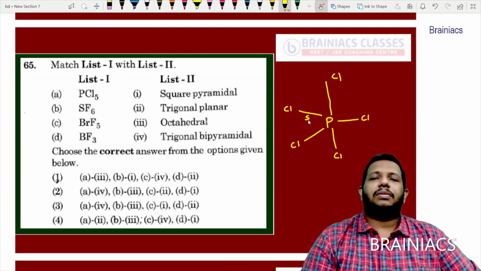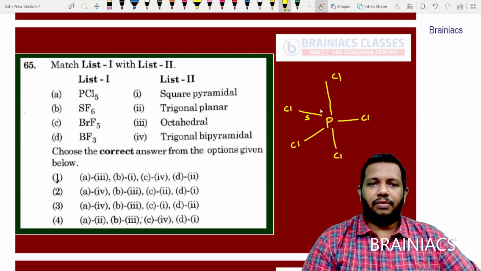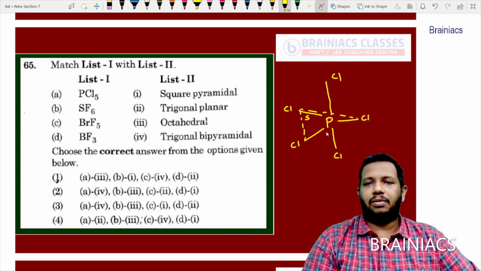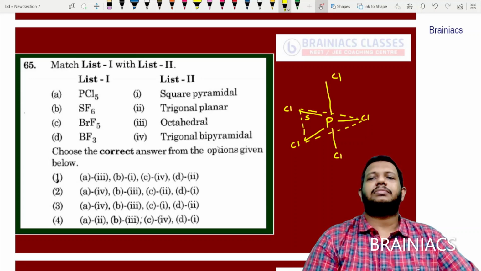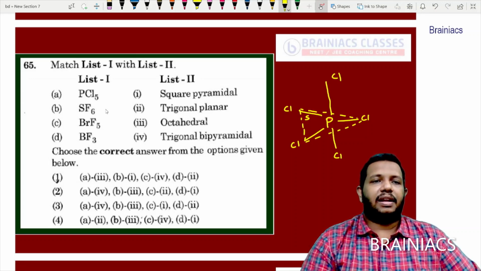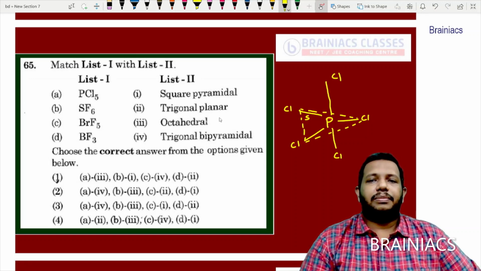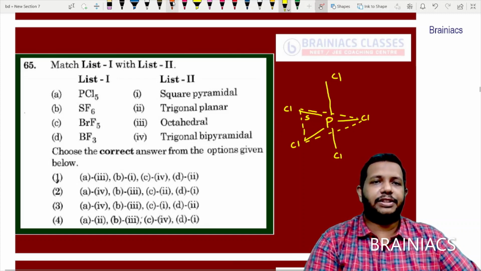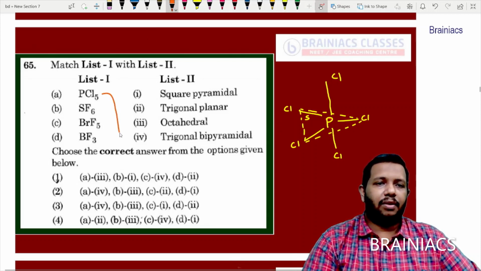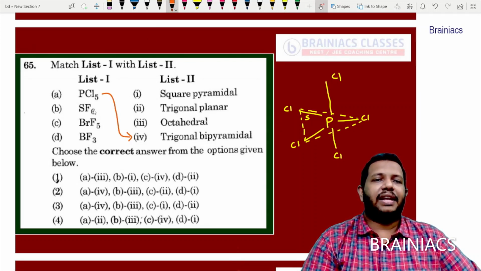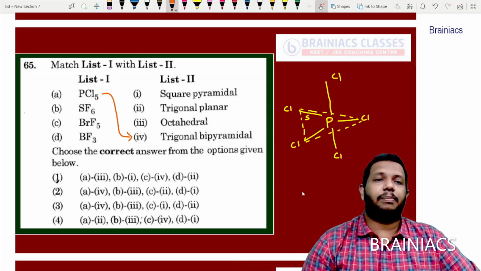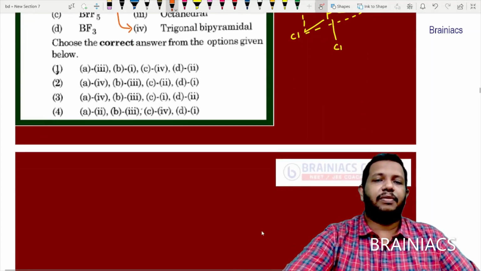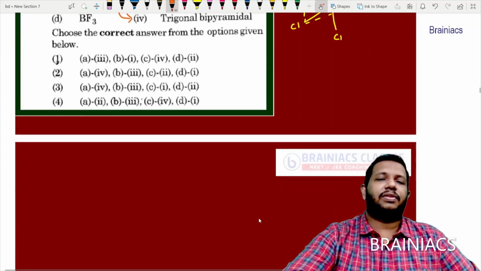Even with hybridization you can find it out, but looking at the shape I can easily say what the shape of this compound is. PCl5 is trigonal bipyramidal. So A4 will be matching. Now we know SF6, we have seen this structure many times.